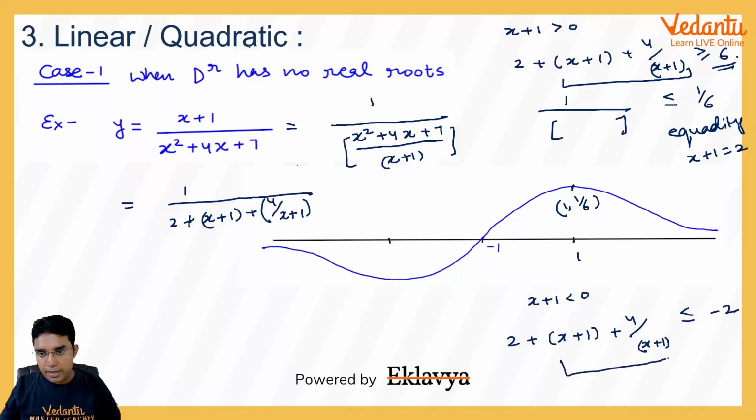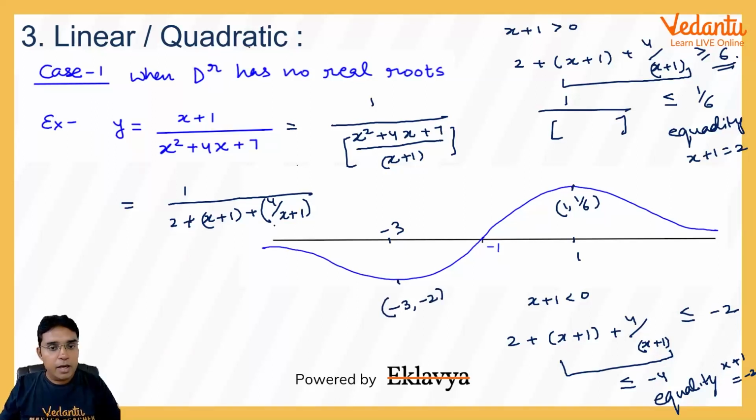Let me write separately for this thing. It will be less than or equal to minus 4, and this equality holds when x plus 1 is equal to minus 2, so x is equal to minus 3. At minus 3, the value will be minus 2.